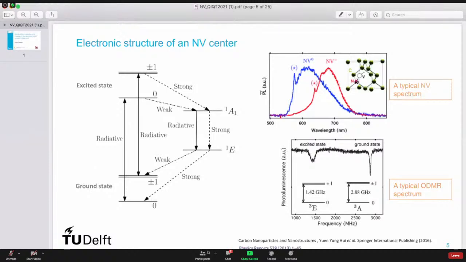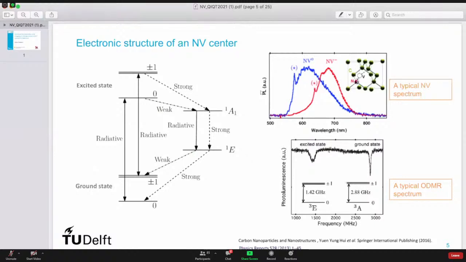So now it can be optically addressed. It has a large band of excitation range, but it's usual to excite the NV centers with green light, of around 532 nanometer. That's the most common one, which is around 2.33 electron volt.